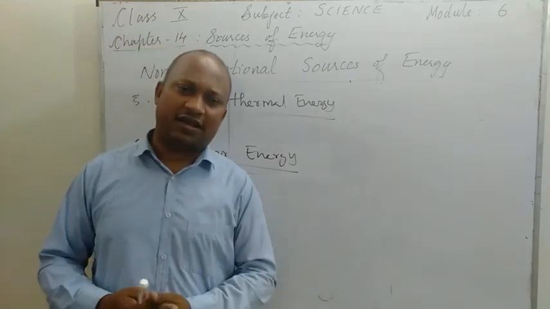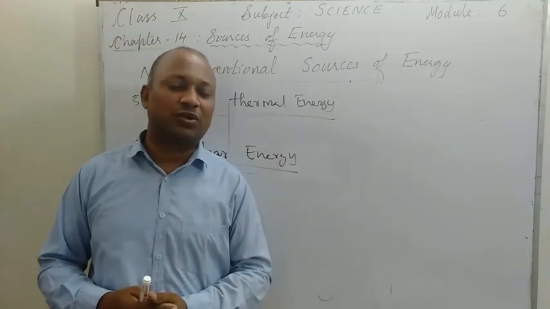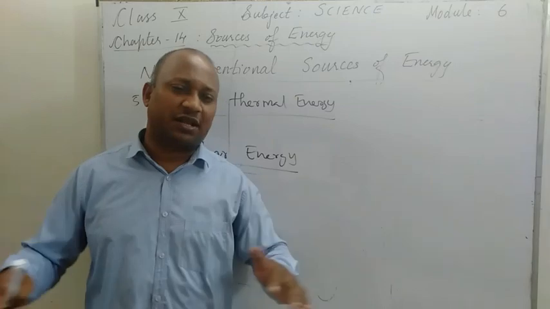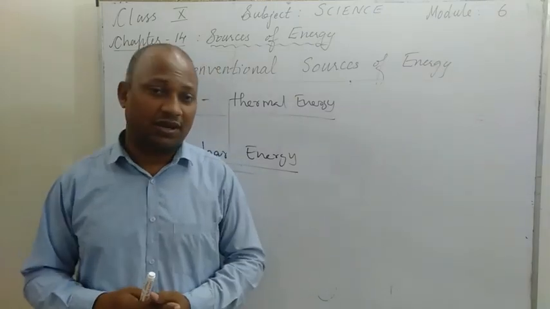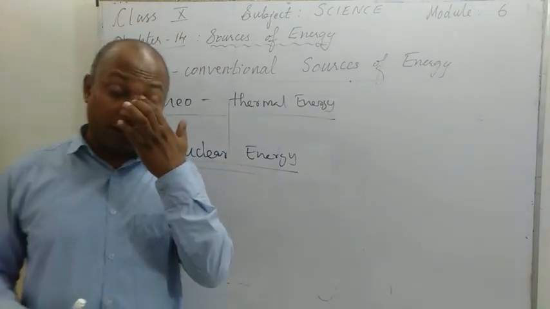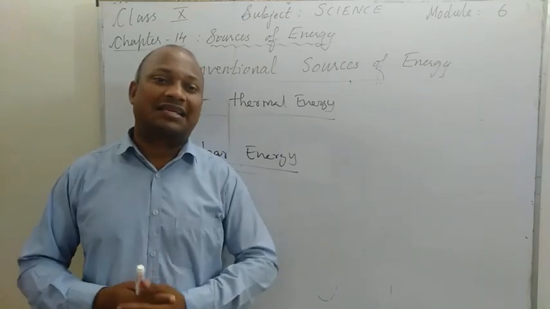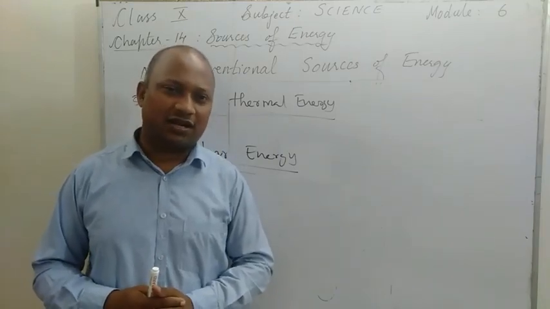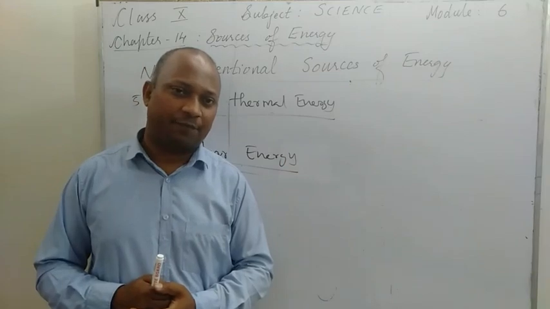In the beginning, this nuclear energy was used for devastating purposes, for making atom bombs and hydrogen bombs. But nowadays it is harnessed in nuclear reactors. The controlled chain reaction happens there.